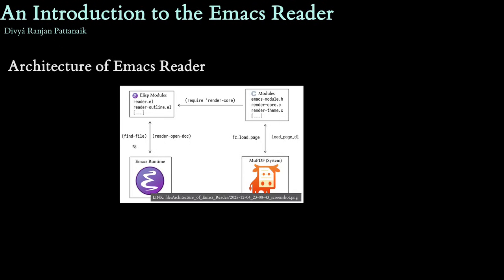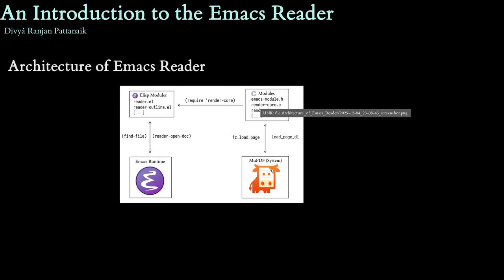And then whenever we call something in the Emacs runtime, say I'm going to open a PDF file using find-file or read or open-doc, it tries to use one of the functions that is wrapped in Elisp, but actually calls a function in C. And then the C module is going to make calls to MuPDF.